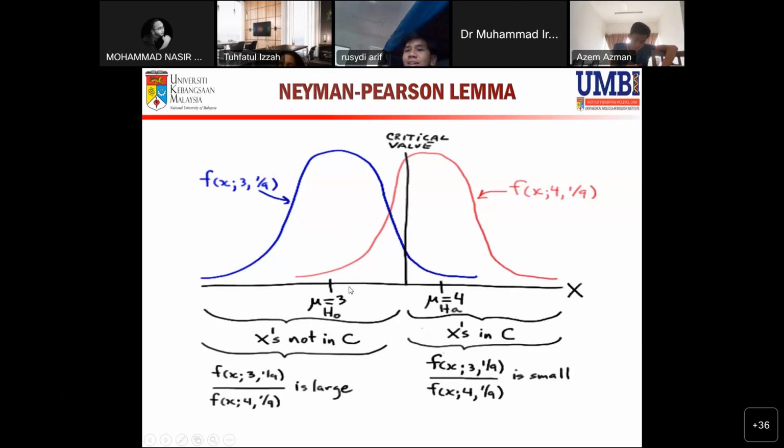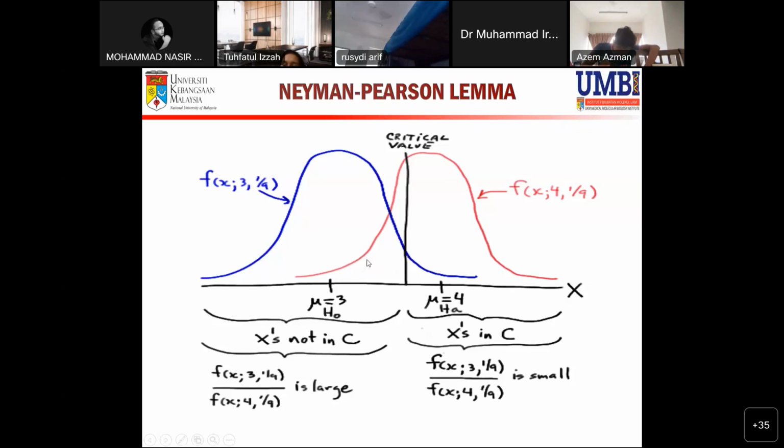If we find a Z statistic around these regions, we can say that the likelihood of the observations under the null hypothesis is greater than the likelihood under the alternative hypothesis. Because of this, the ratio becomes large. So the likelihood ratio test will be outside the critical region. In this case, we fail to reject the null hypothesis. We retain the null hypothesis here.